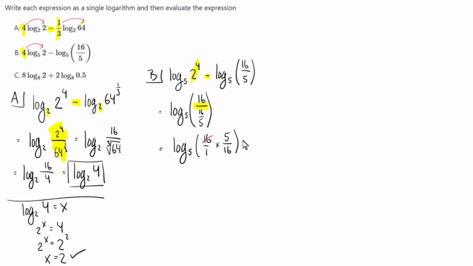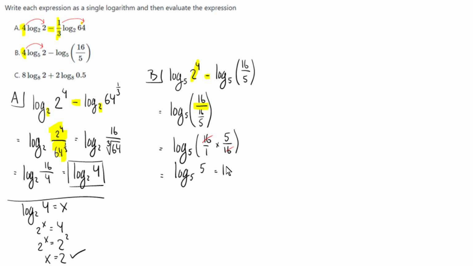So here 16 cancels, and we're going to be left with log with a base of 5 of 5. Now, whenever we take the log of an argument that is the same value as the base, this always equals 1. So log with a base of 5 of 5 will be 1.